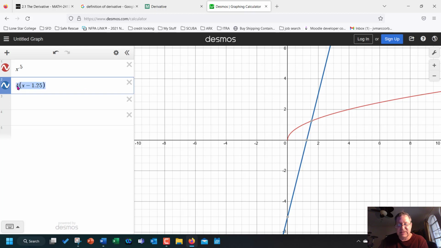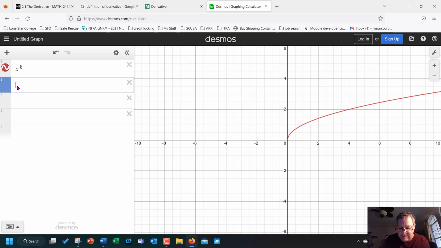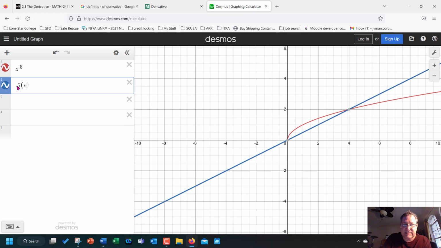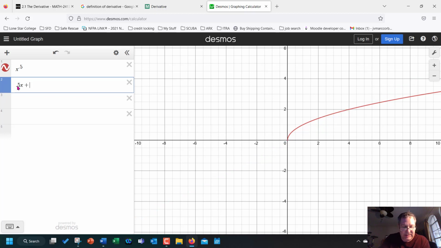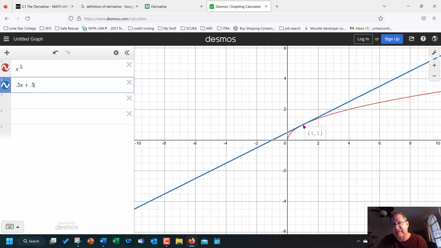My slope was 1/2, so it's going to be 0.5 x, and I need to move that up a little bit, maybe +1, no, 0.5, there we go. So that's my tangent line at 1, 1, and you can see I've got the slope of the tangent line.